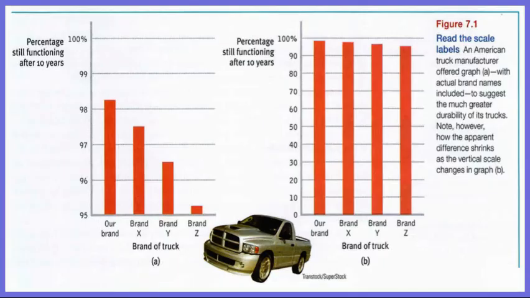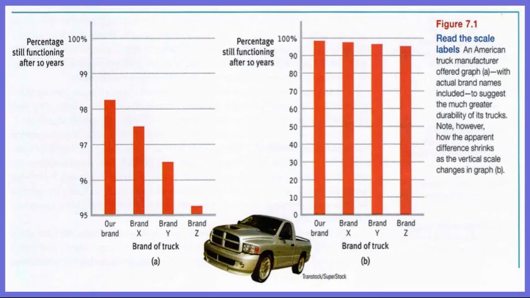We see the same thing here. So perhaps I'm sharing about the percentage of functioning of different trucks in the past 10 years. Again, depending on the scale I use, I tell a very different story. In the bar graph on the left, it looks like their brand is significantly better than the other one. So why would you not buy that truck?